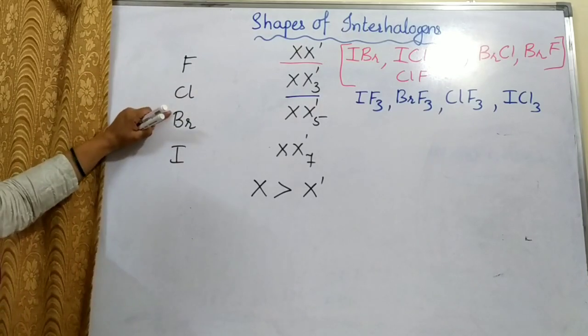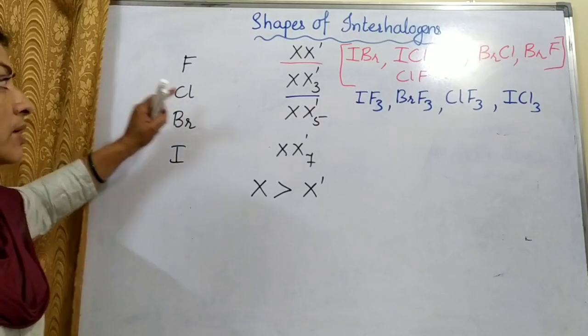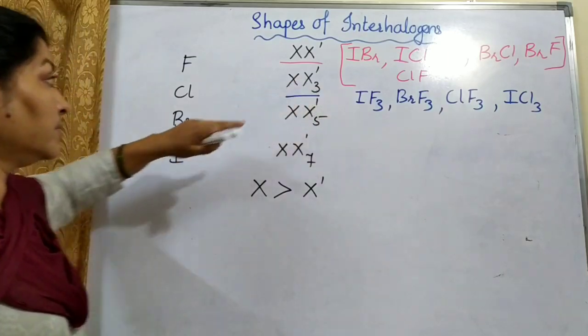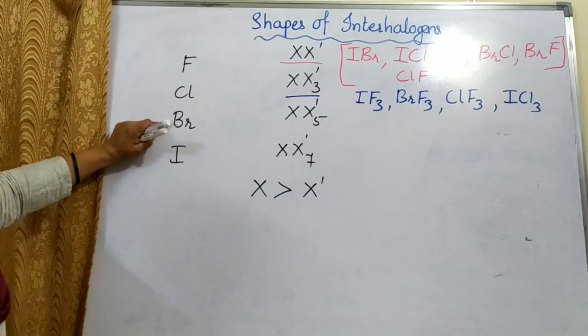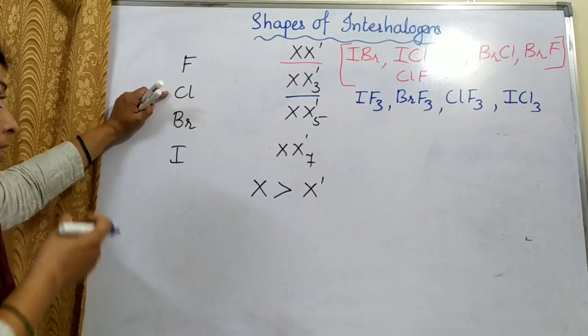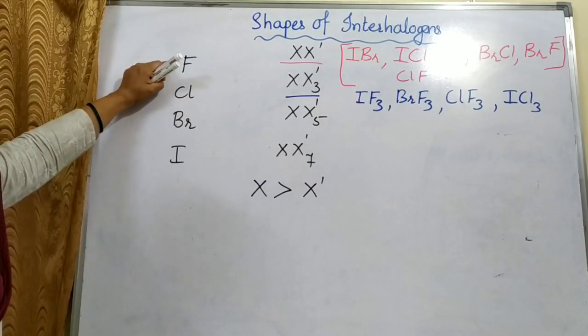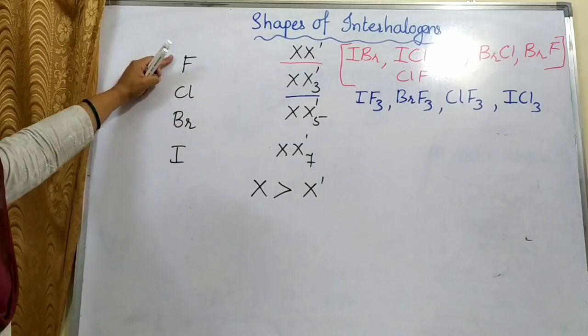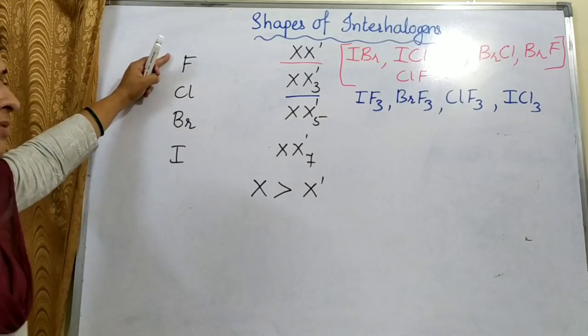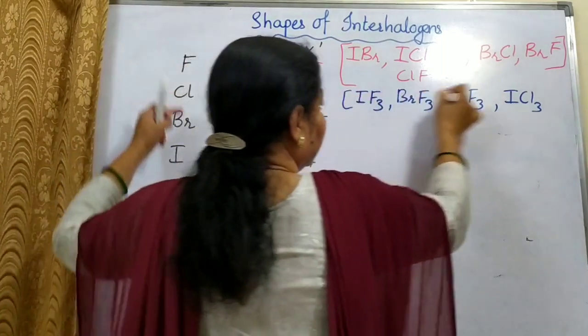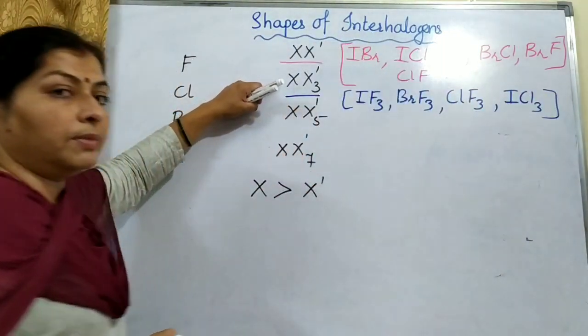I cannot form a compound with Br in this case because here the oxidation state is bigger. So I and Br can't combine, Br and Cl also cannot combine. But I can combine with Cl, I can combine with F, Br can combine with F and Cl also can combine with F. So these are all the possibilities of this formula.